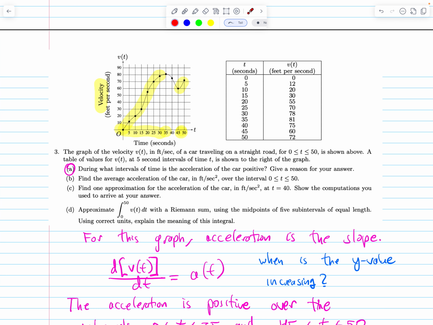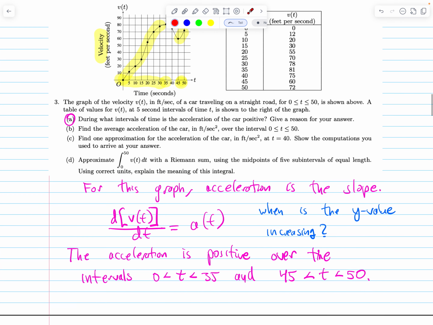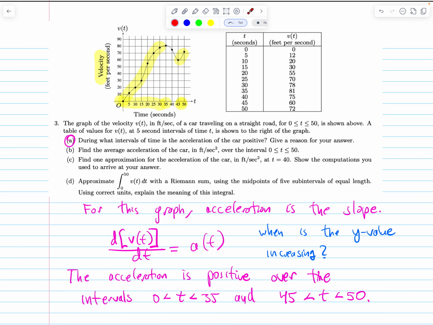The acceleration is not positive or negative, it's 0, because that's where the horizontal tangent lines are. It's an easy one to overthink. It's really just look at it and determine what the slope is doing.